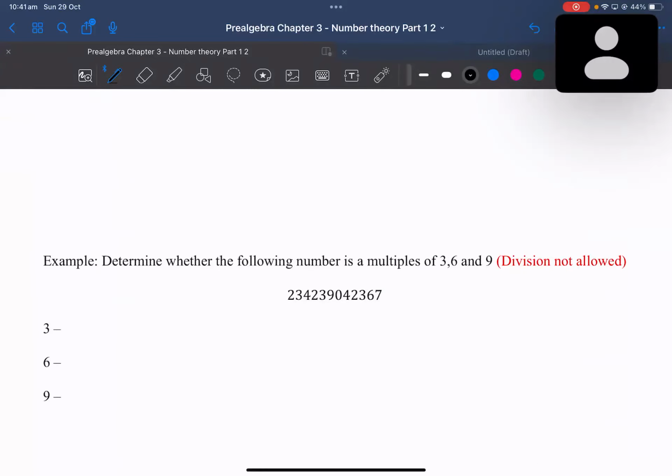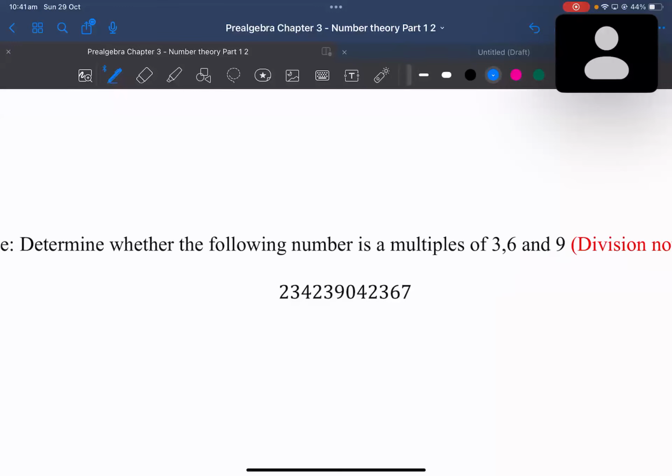It's a bit tricky. I have to add them all. It's a lot more. So let's go through them together. 2 plus 3 is 5. Plus 4 is 9. Plus 2, that will be 11. Plus 3 is 14.